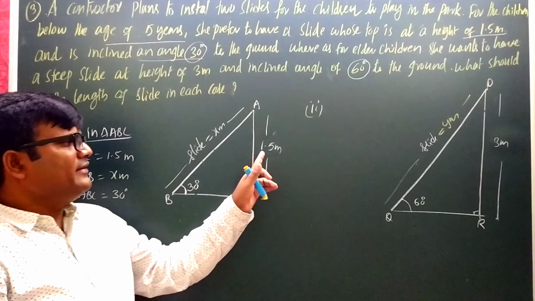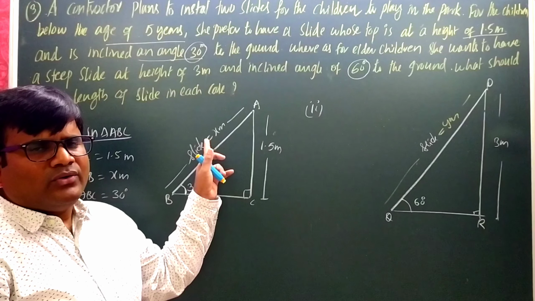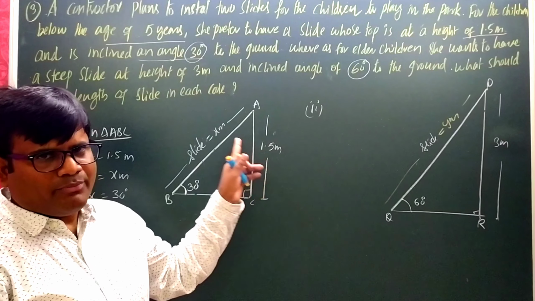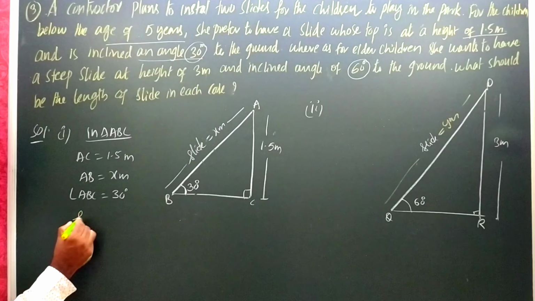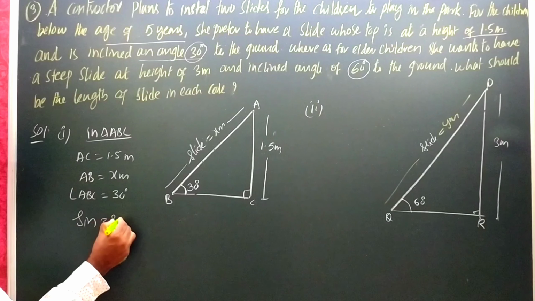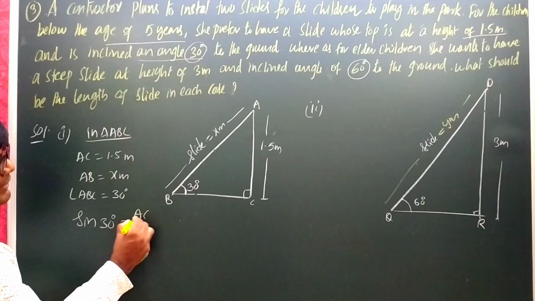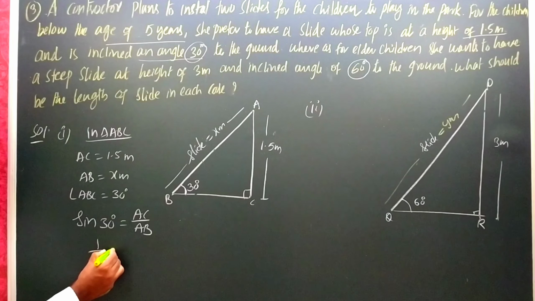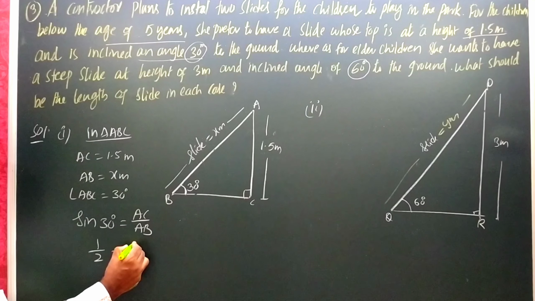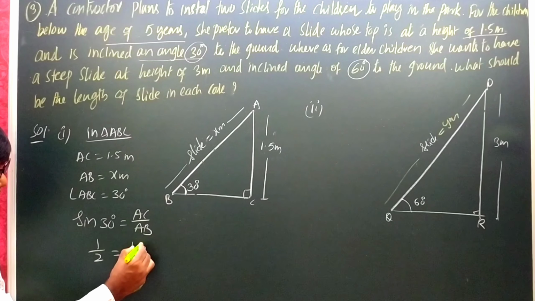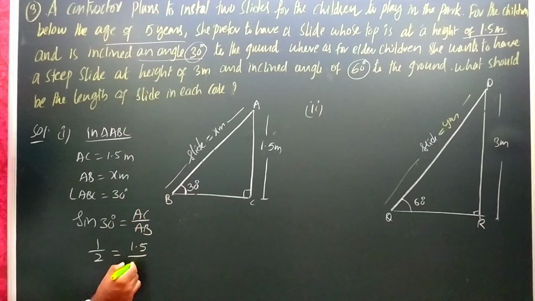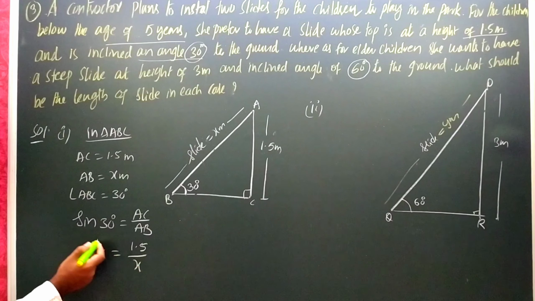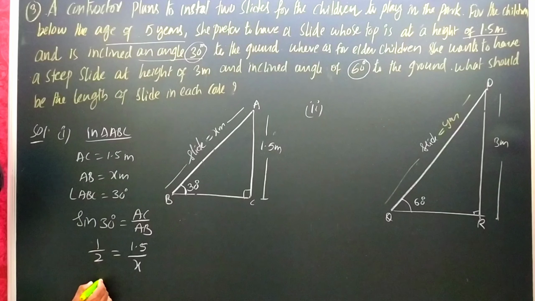Now for 30 degrees, the known length is opposite, the unknown length is hypotenuse. The ratio between opposite and hypotenuse is sine. So sine 30 degrees is equal to AC by AB. Sine 30 value is 1 by 2. So 1 by 2 is equal to 1.5 by x. Cross multiplying, x equals 1.5 into 2.